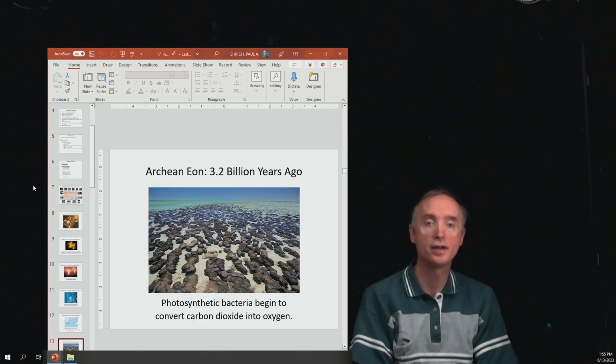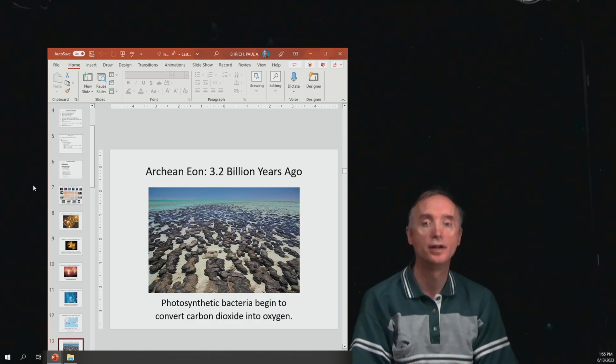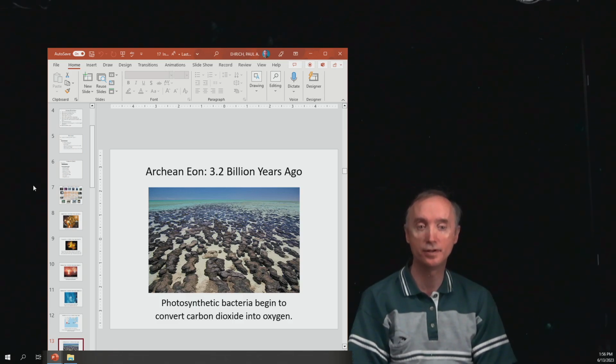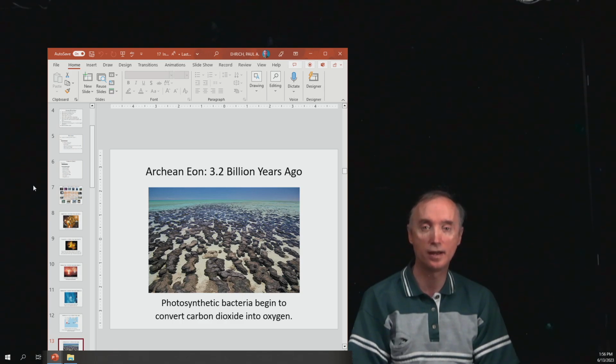So the next thing that is going to occur is that a different kind of bacteria is going to make an appearance. And so this kind of bacteria is going to be able to take carbon dioxide out of the air, and it's going to use that to make its body with.